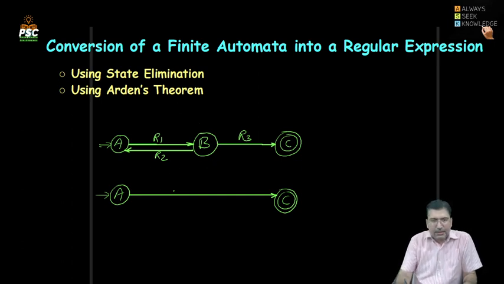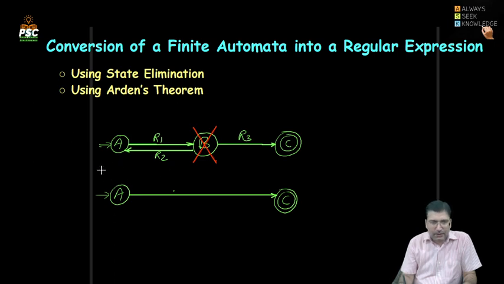So if we eliminate this state B, how will we write the overall regular expression here? Although we do not mention any loop on A, there is a loop by traversing R1 and R2, R1, R2, R1, R2. So if you eliminate this, we need to put a loop here.